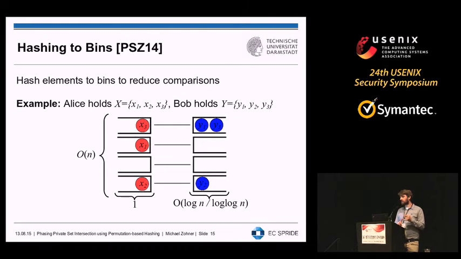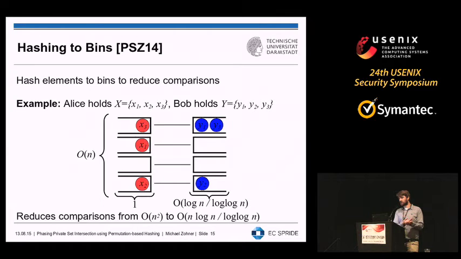And on Bob's side, the number of elements that are in a bin is around log n over log log n. So this reduces the number of comparisons that one has to do from n² to n log n over log log n.